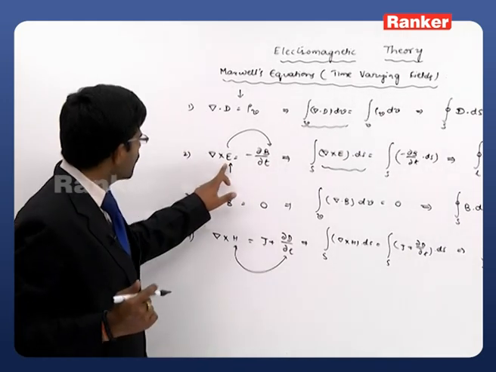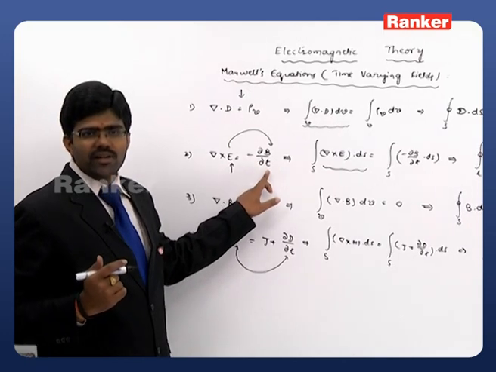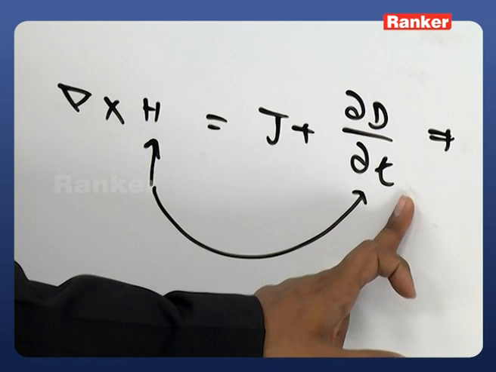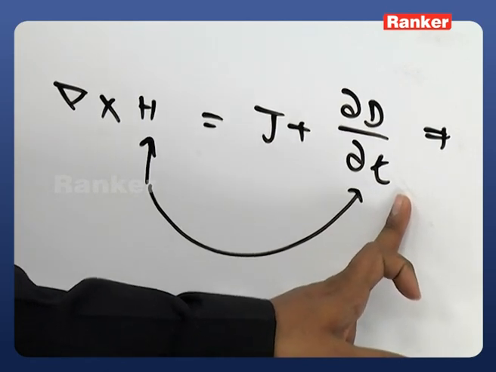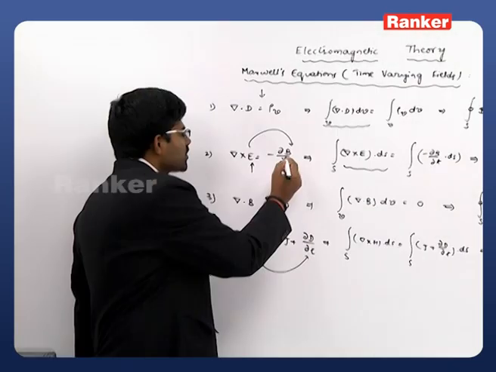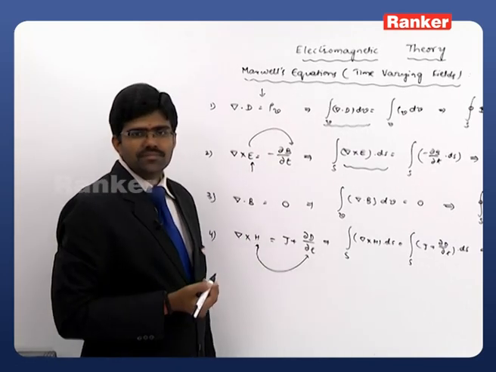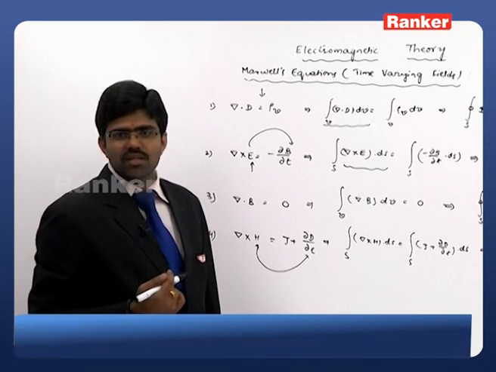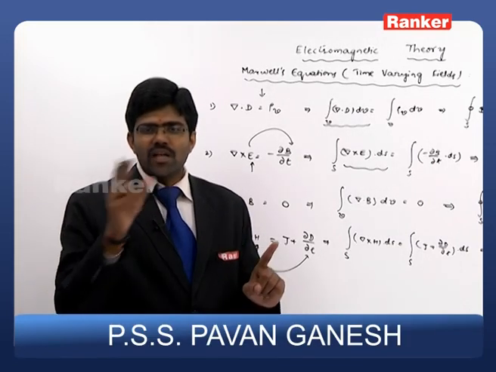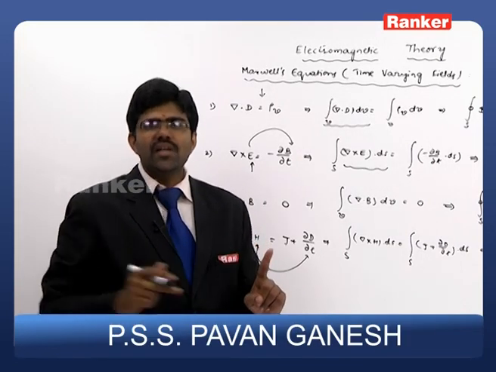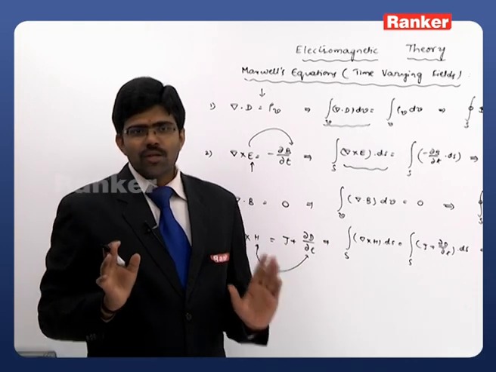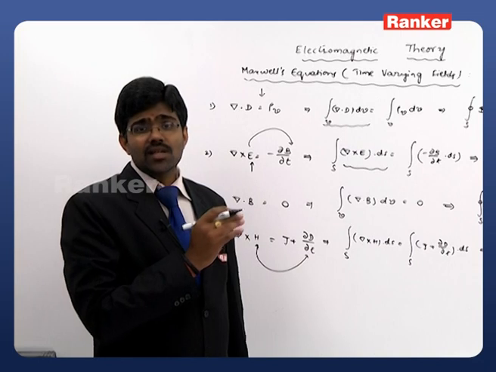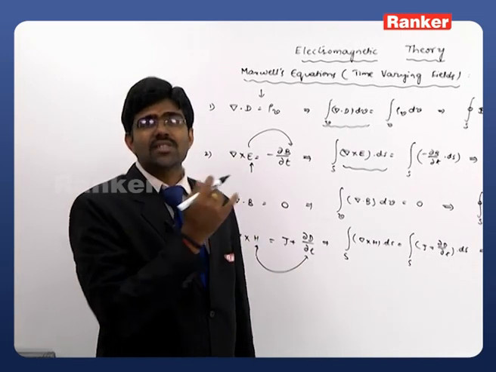Whenever you have electric field intensity, magnetic flux density can be observed. Whenever you have magnetic field intensity, electric flux density can be observed. So for confusion, he may give D instead of B here, and B instead of D here in the examination. Don't get confused. Electric field and magnetic field will be related. Magnetic field and electric field will be related. So these four equations are the base equations. Now what I will do is try to convert these time varying fields to static fields.